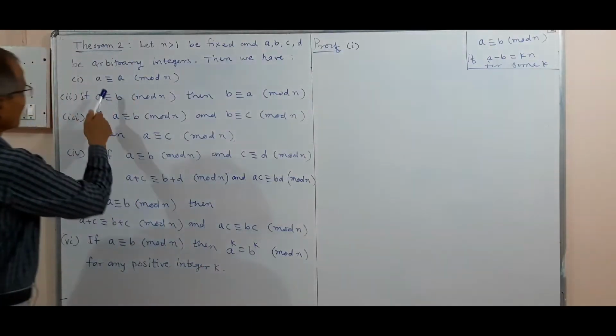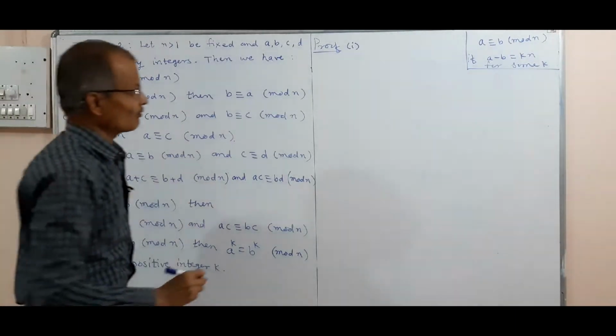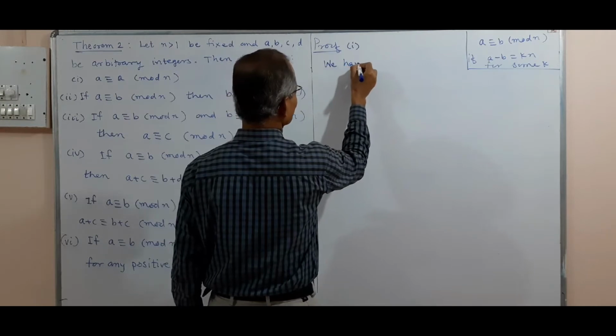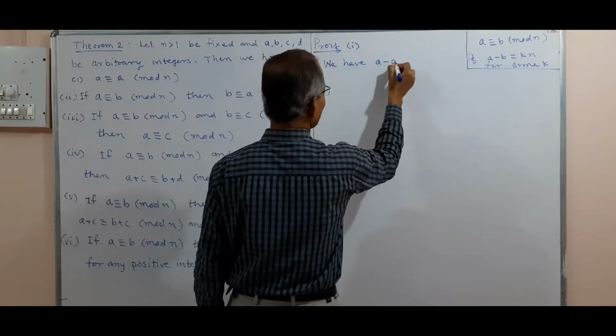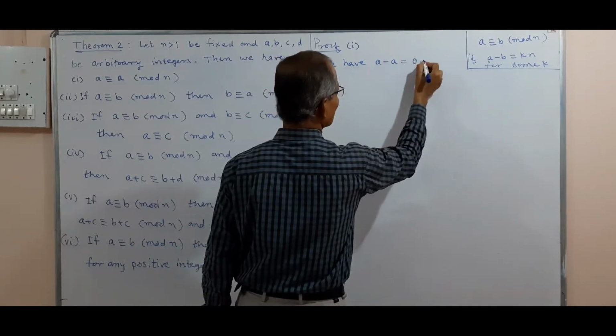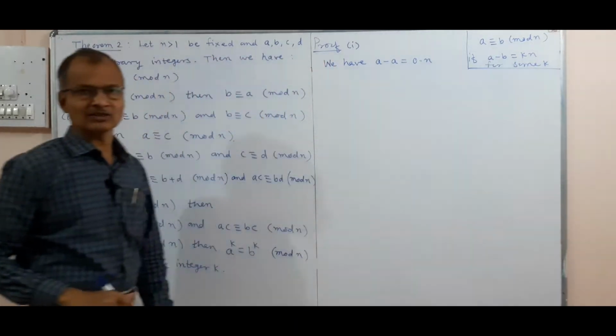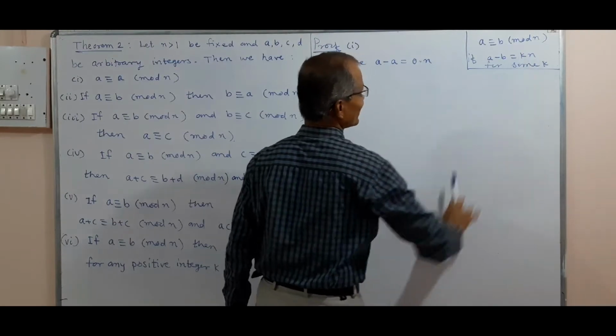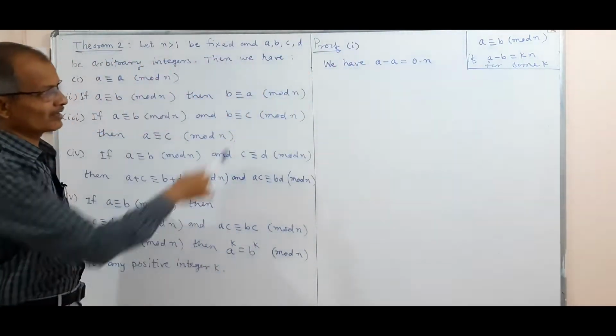First is a is congruent to a. We can write a minus a, which is 0, and 0 into n is the same as 0. So this is of the same form, a minus b is equal to k into n. K here is 0.